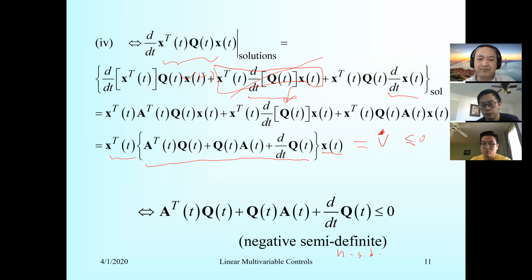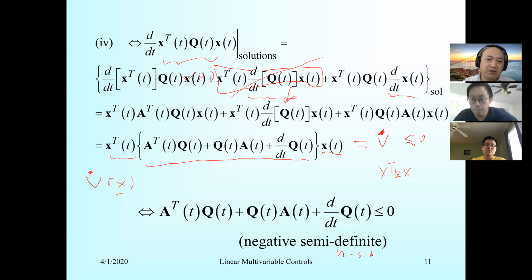So you can see that if we choose V as a quadratic, like x transpose Q x, then to show that V dot is not increasing, you end up showing this is not increasing. What does that mean? Remember, V dot is dependent on my x.